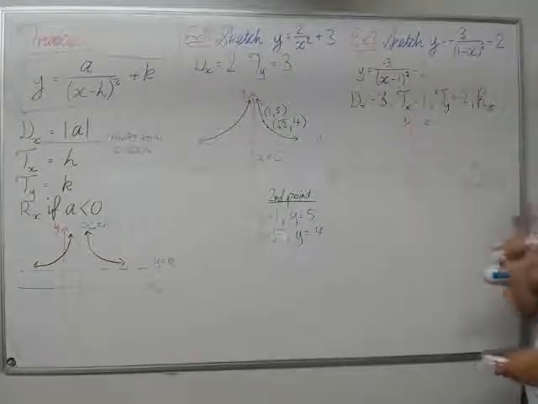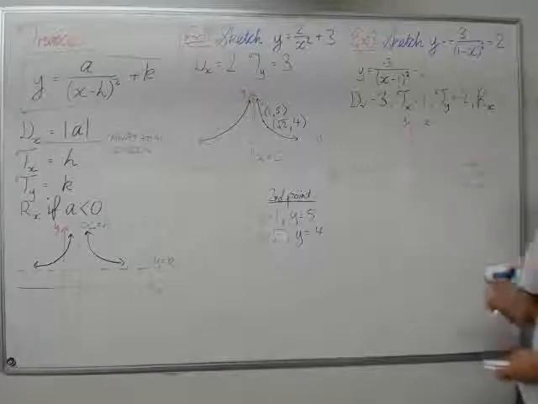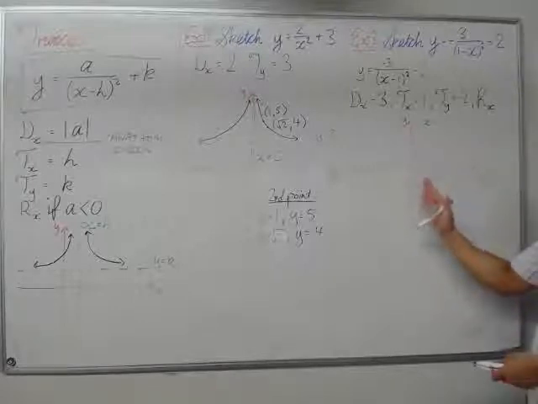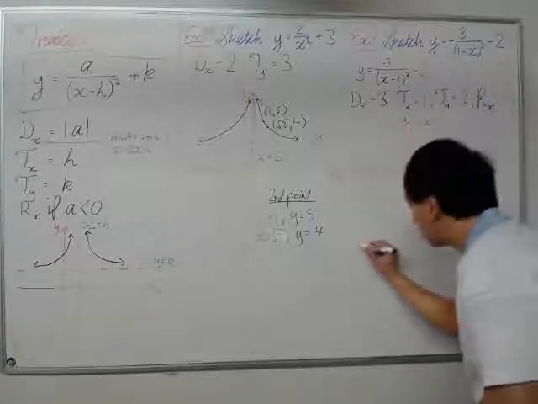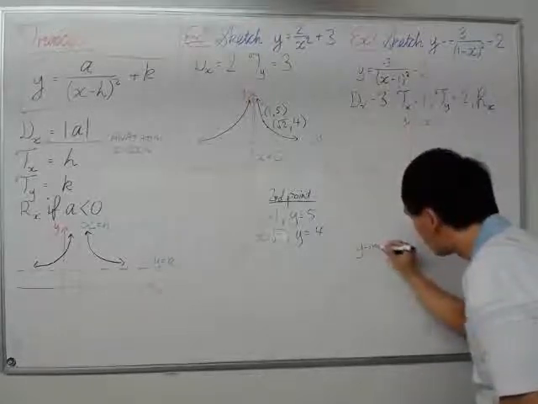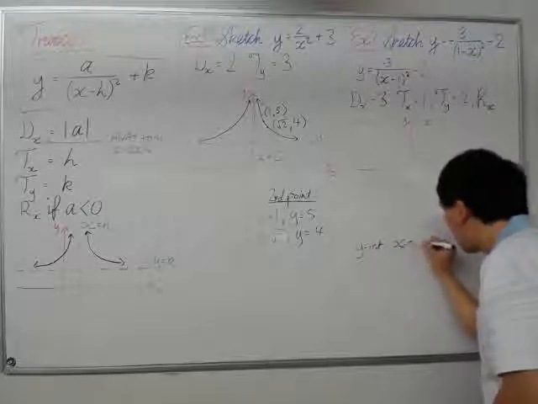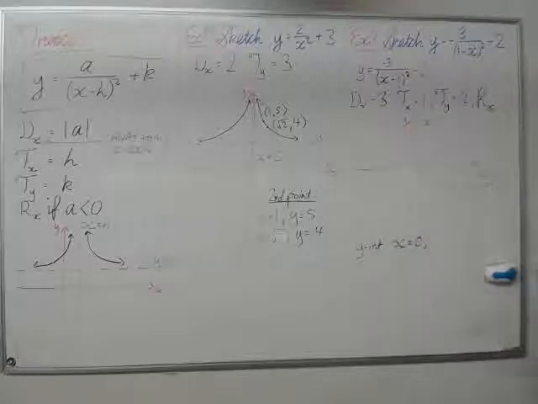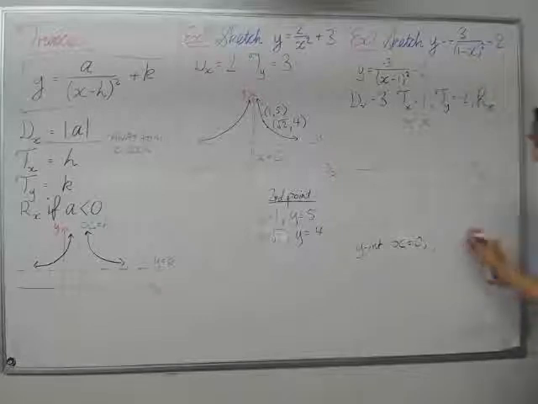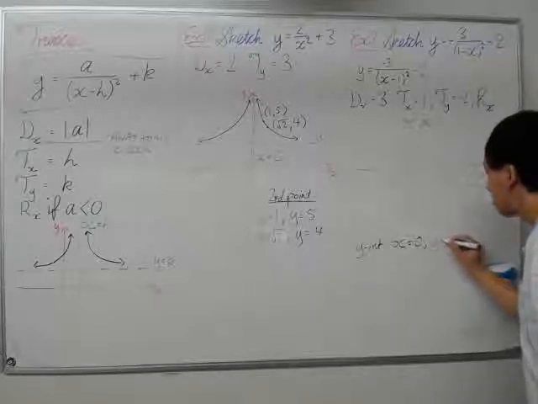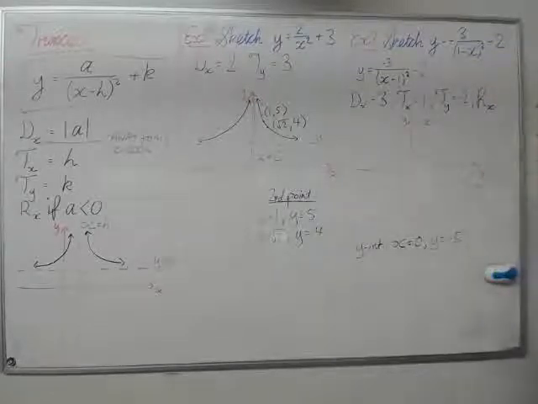So it does look like it's not going to hit the x-axis, but it will hit the y-axis. So we need to figure out what the y-intercept is. Relatively simple. Subbing x equals 0, observing the expression up here, we're going to have negative 3 on 1, so negative 3 minus 2, which gives us y is equal to negative 5.